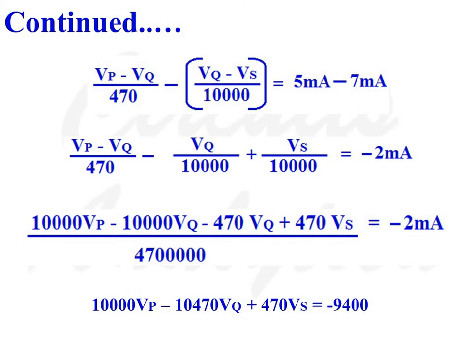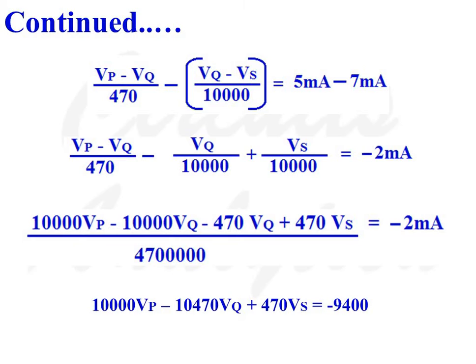That is, Vp minus Vq the whole divided by 470 minus Vq minus Vs the whole divided by 10,000 is equal to 5 milliampere minus 7 milliampere. Opening the brackets, we will get Vp minus Vq the whole divided by 470 minus Vq by 10,000 plus Vs by 10,000 is equal to minus 2 milliampere.